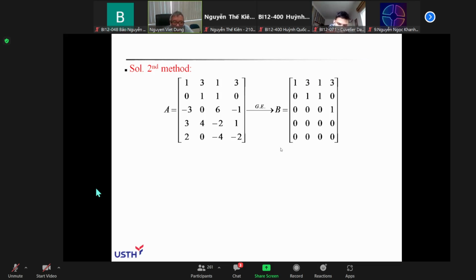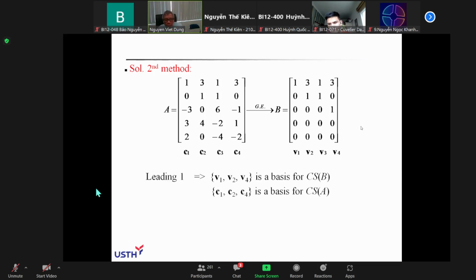Now we take a look at it. We denote the columns of the first matrix by C1, C2, C3, C4, and the columns here denoted by V1, V2, V3, V4. And we look at the columns containing the leading one, that one, and the last column.